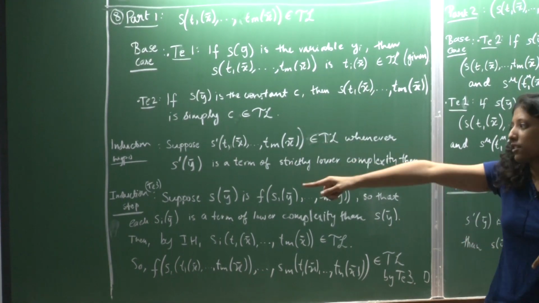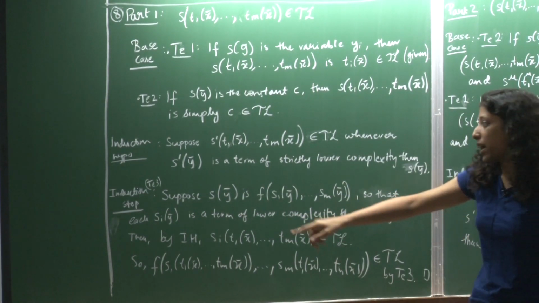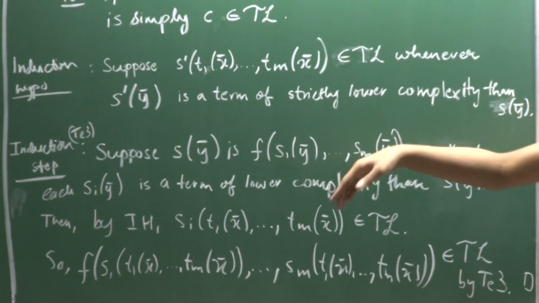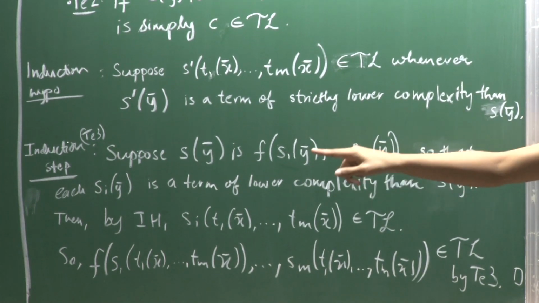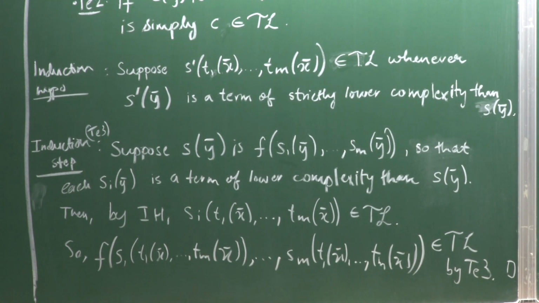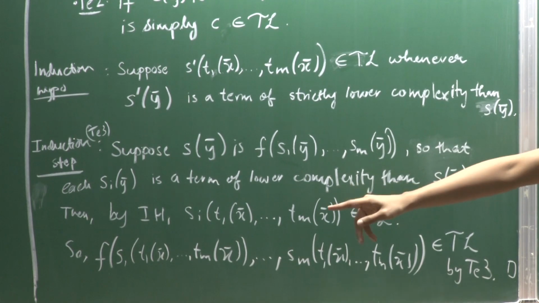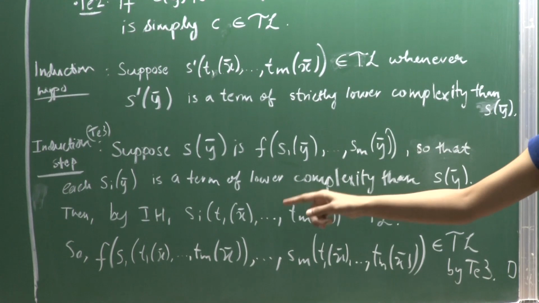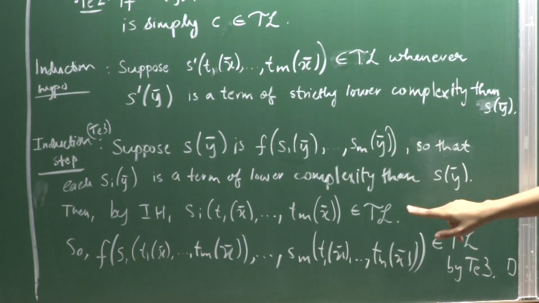Okay. Then your induction step is TE3. You suppose that Sy bar is of the form f of S1 y bar, dot dot dot, Sm y bar, which would mean that these Si y bars are terms of lower complexity, and therefore you can apply your induction hypothesis. Then by the induction hypothesis, if you substitute Ti x bars in for y bar in each Si, then you will get a term.